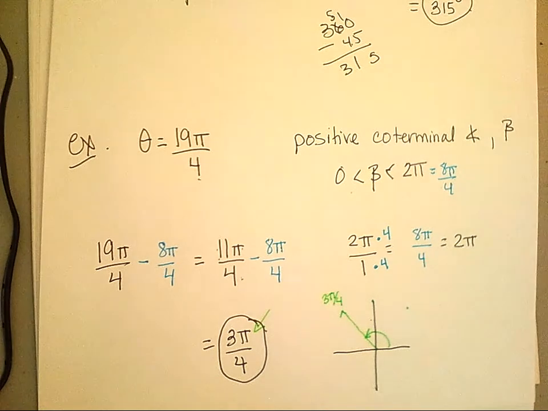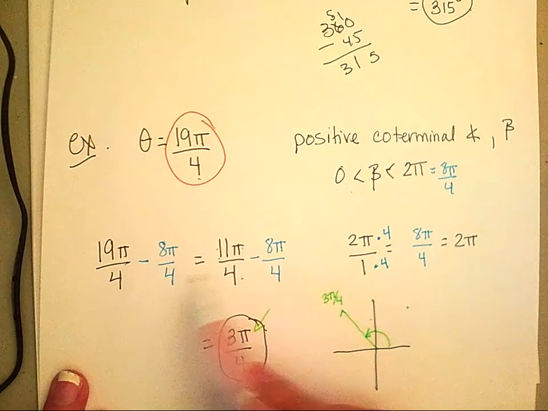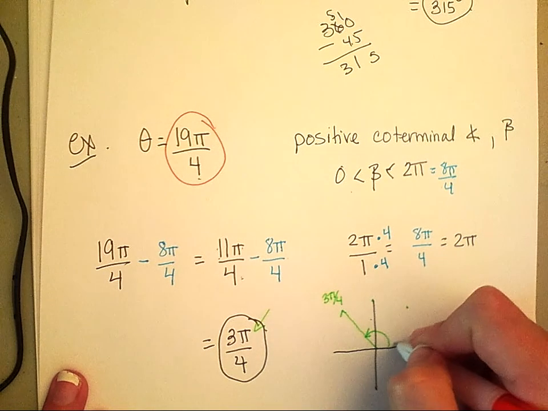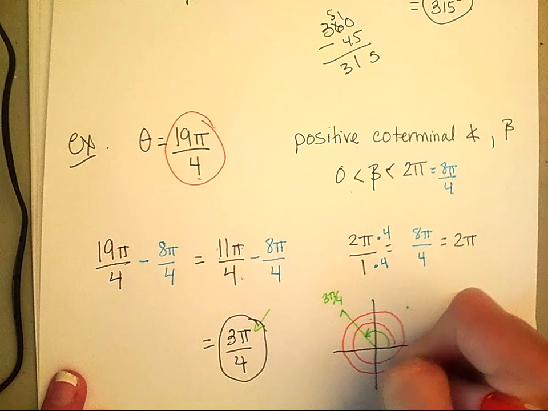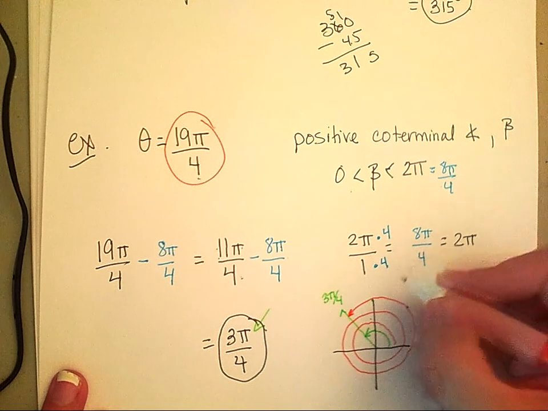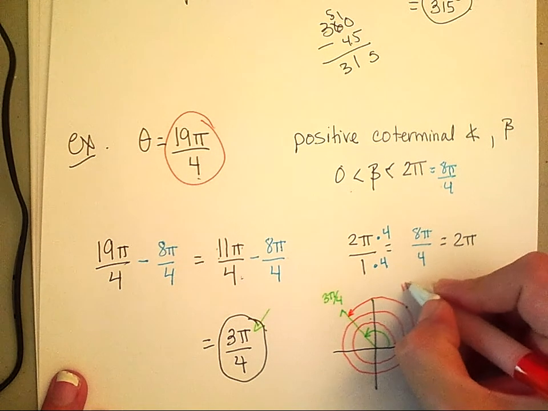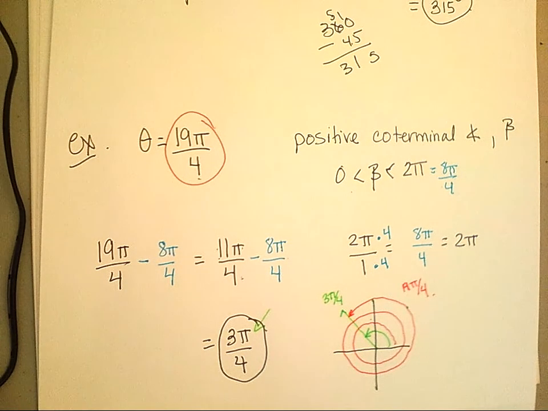Okay, so this is the angle that we found. The original angle we were given has 2 more rotations than that. So if we had to graph that, it'd be 1 full rotation, 2 full rotations, and then the 3 pi over 4. This is how you graph the angle 19 pi over 4.